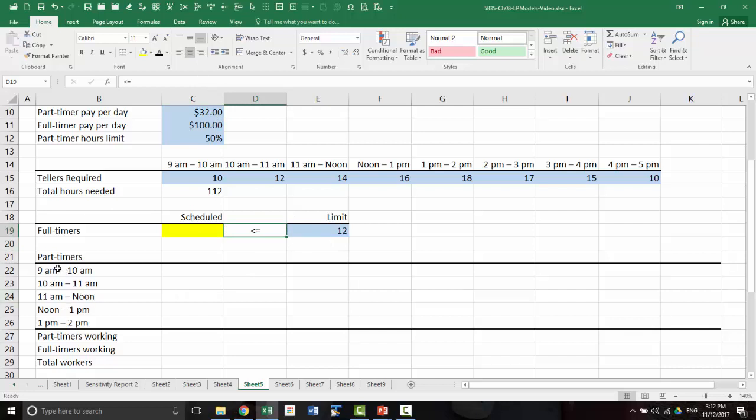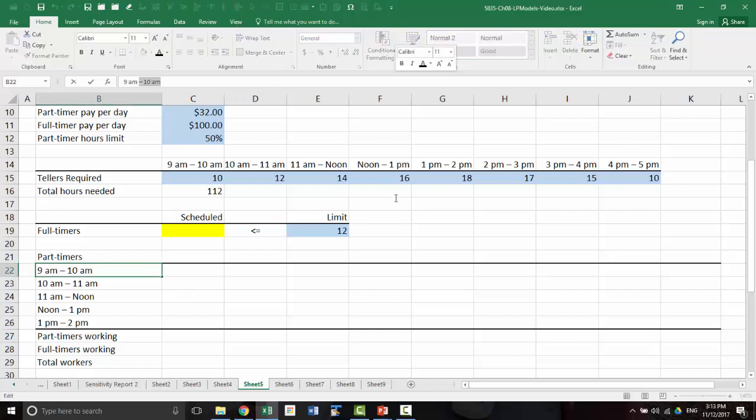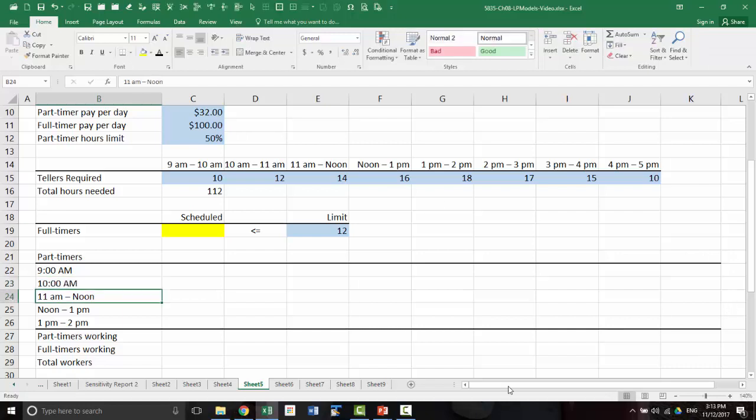Then we have part-timers starting, so they can start at 9 a.m. and work for 4 hours. They can start at 10 a.m., work for 4 hours, and so on. So part-timers starting at 9 a.m., starting at 10 a.m., starting at 11 a.m., starting at 12 p.m., and starting at 1 p.m. Those are the start times that are available.